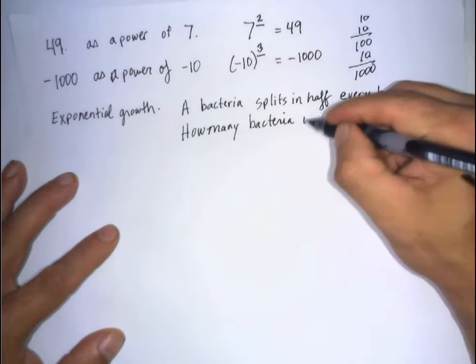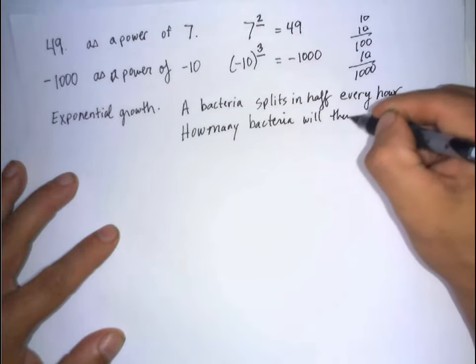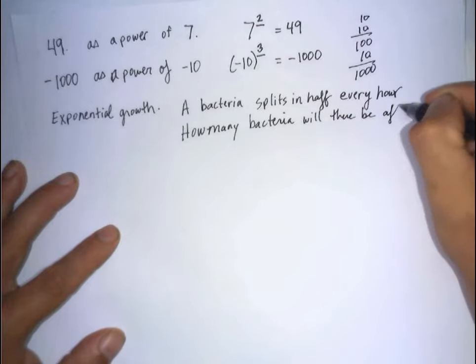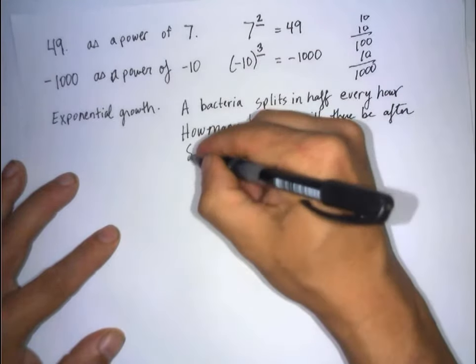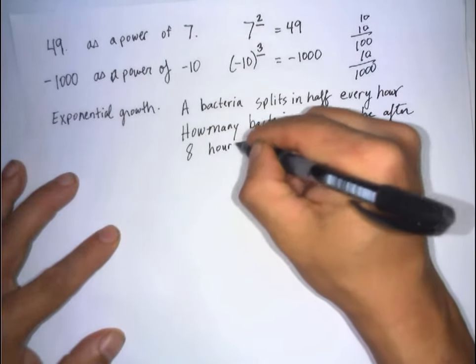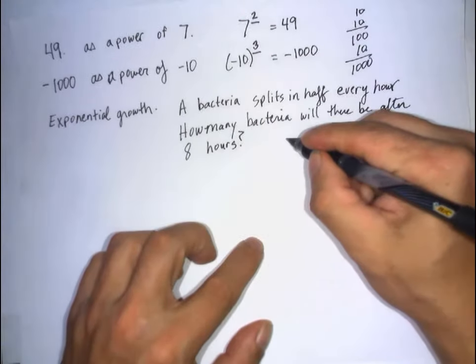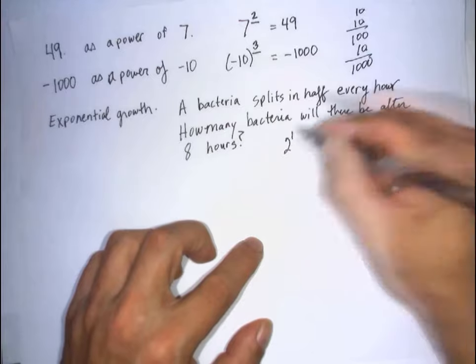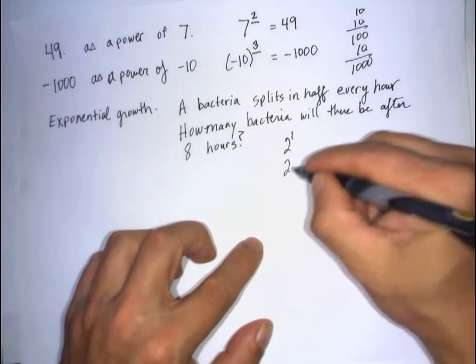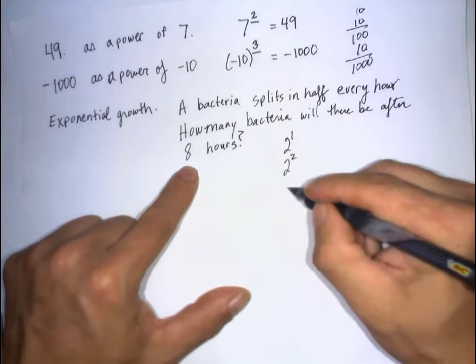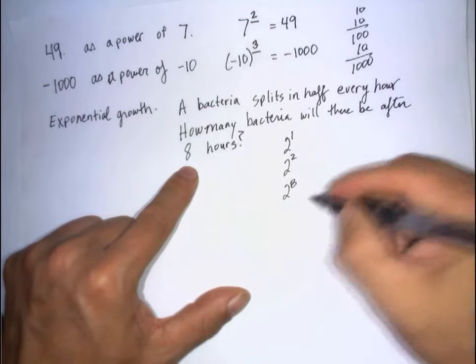How many bacteria will there be after 8 hours? Okay, so 1 hour is 2 to the 1. 2 hours is 2 to the 2. 8 hours would be 2 to the 8. What is 2 to the 8?